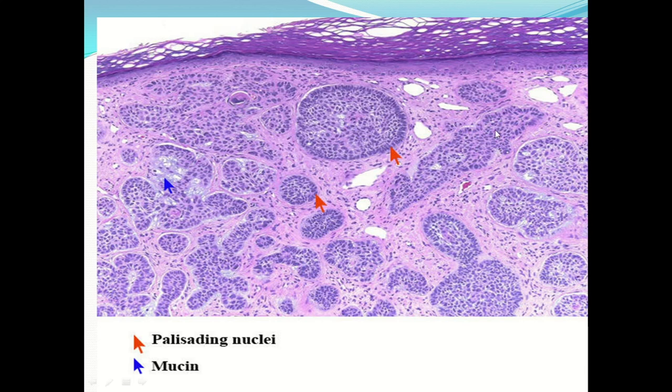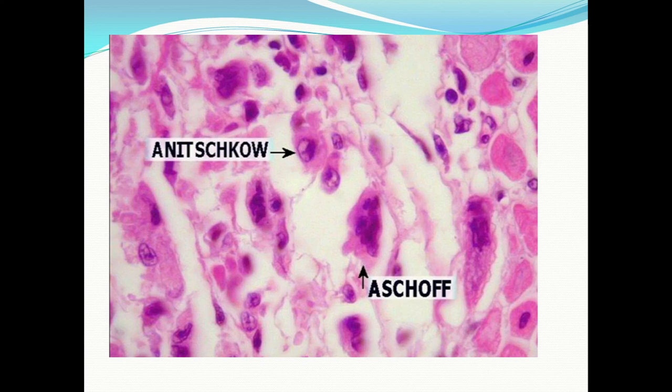So here you can see the palisaded arrangement of the nuclei. Clear-cut palisaded arrangement. In this microscopic image, you can see the Aschoff cells and Anitschkow cells.